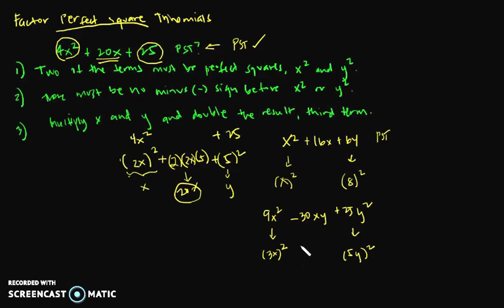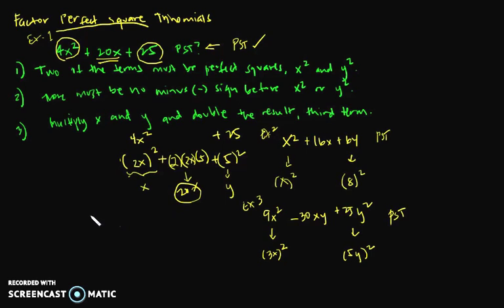Double it, so you'll arrive at a negative 30xy. The negative here means the additive inverse. So it's still okay. This is a perfect square trinomial. So this is example number 1, this is example number 2, and this is your example number 3.